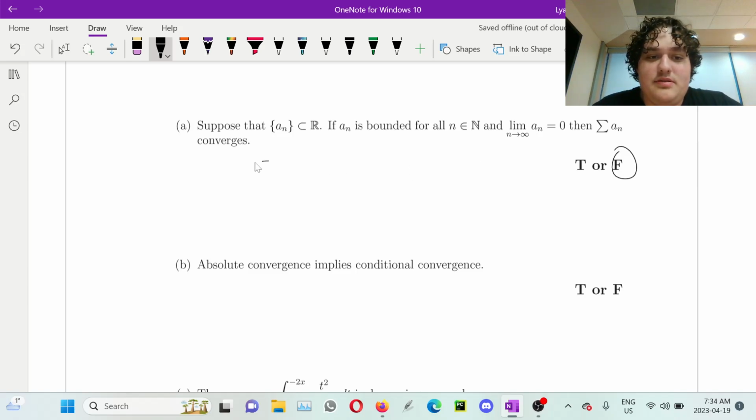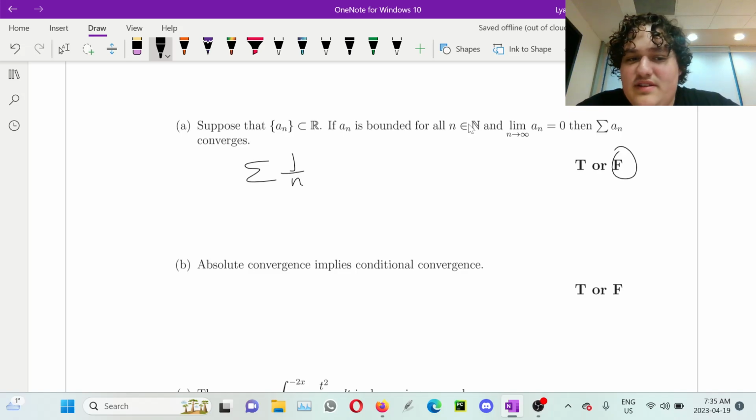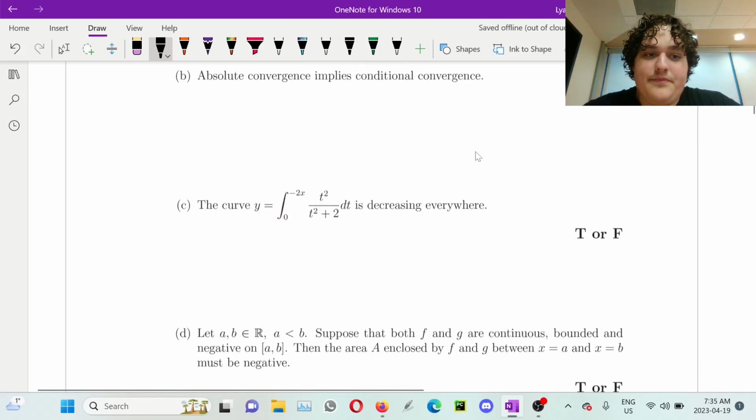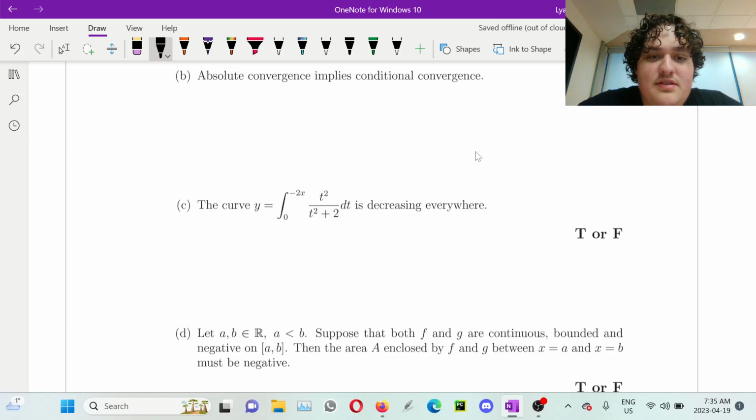For example, in this case, the general term is obviously bounded, because if the limit is 0, it will definitely be bounded, but it diverges. It's the harmonic series, or p-series, with power equal to 1, which is less than or equal to 1. Okay, absolute convergence implies conditional convergence. This is false.